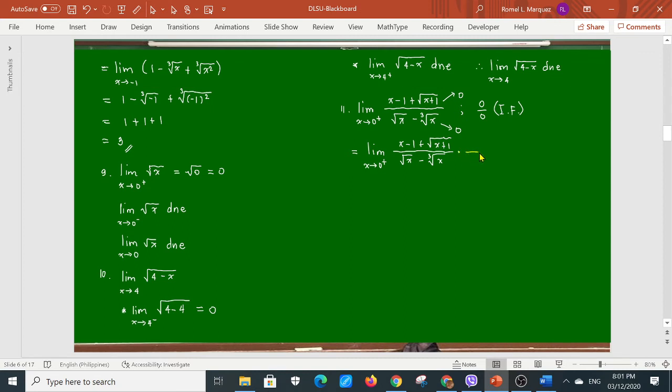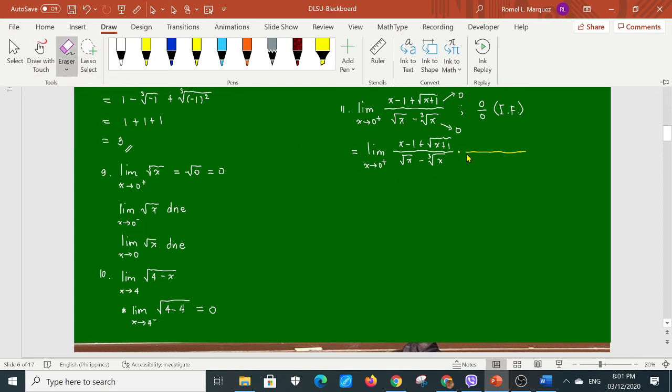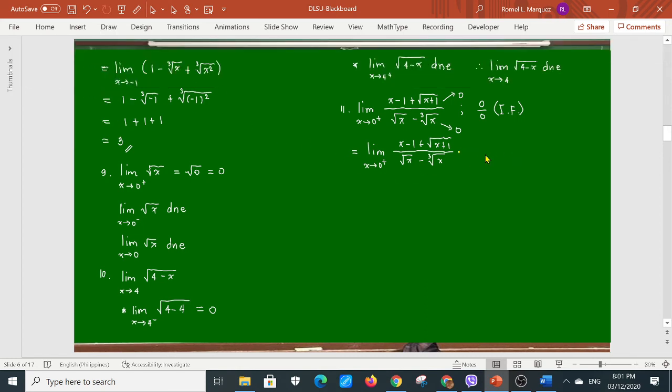Saan kayo papanig ngayon? Sa cube root ba o sa square root? Children? Guys. Alisin ko muna yung cube root, para baka kayo magulumihan agad, no? Remove ko muna ito.